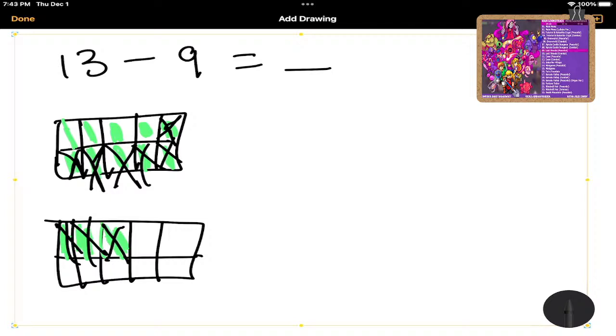So the first equation is 13 minus blank equals 10. Okay, so what do we need to do to equal 10?